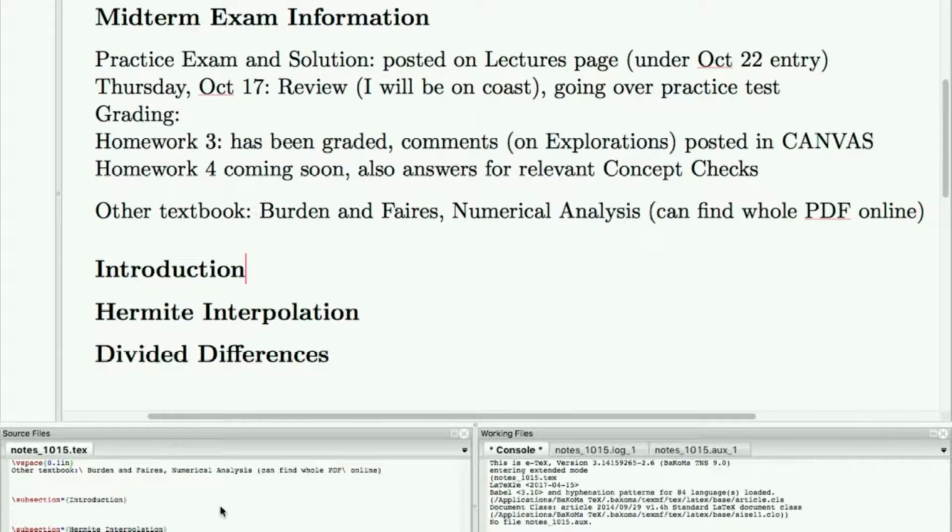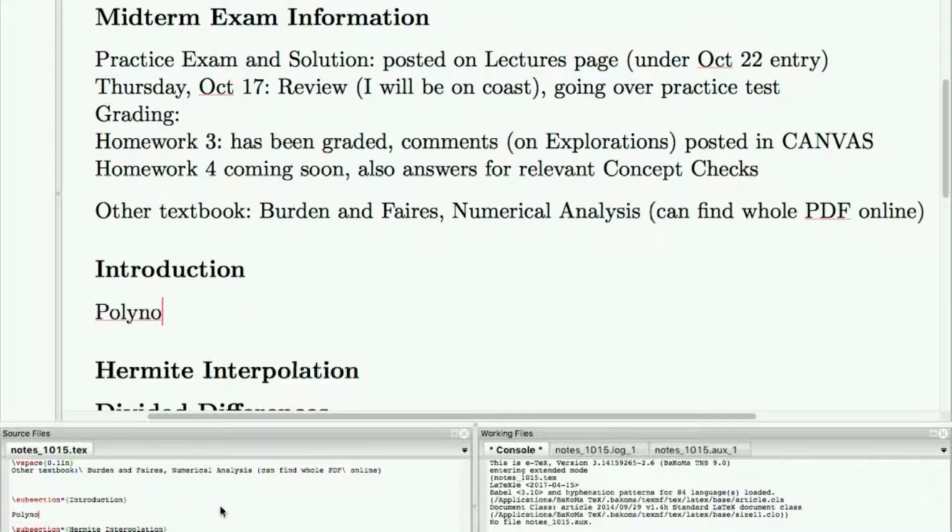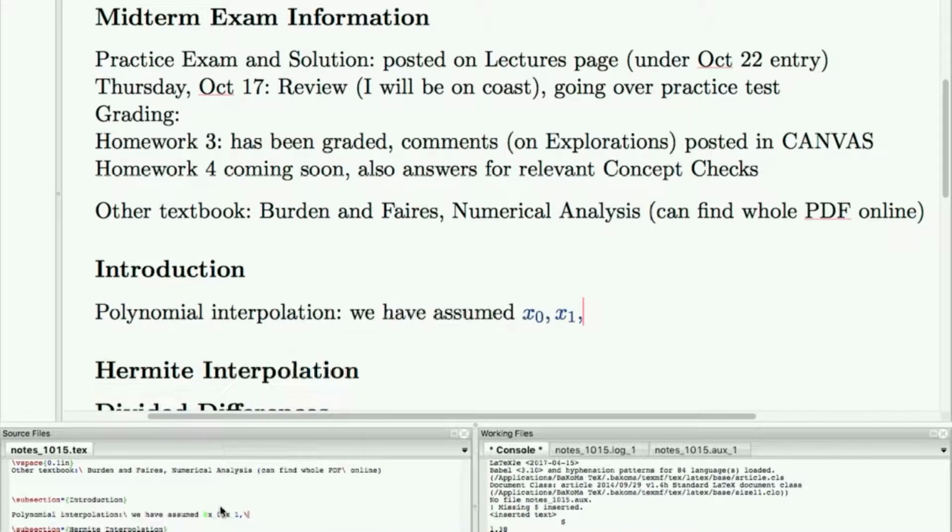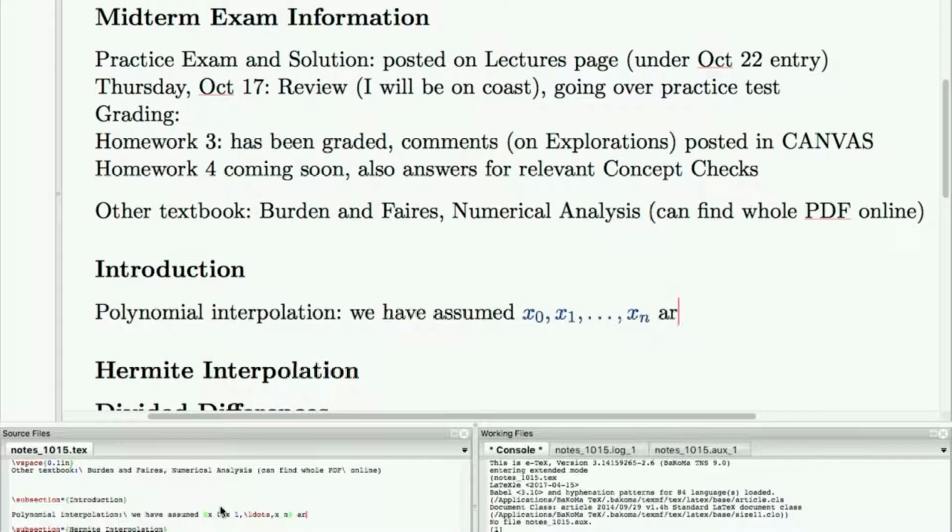Now, in polynomial interpolation, we have assumed all along, from the beginning of this chapter, that the x values are distinct.